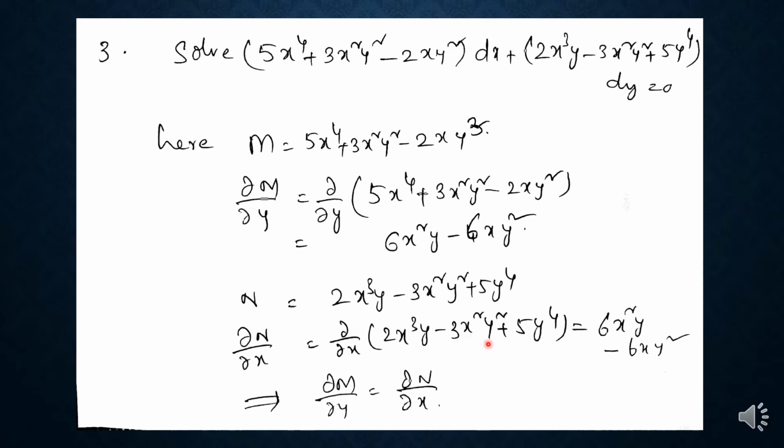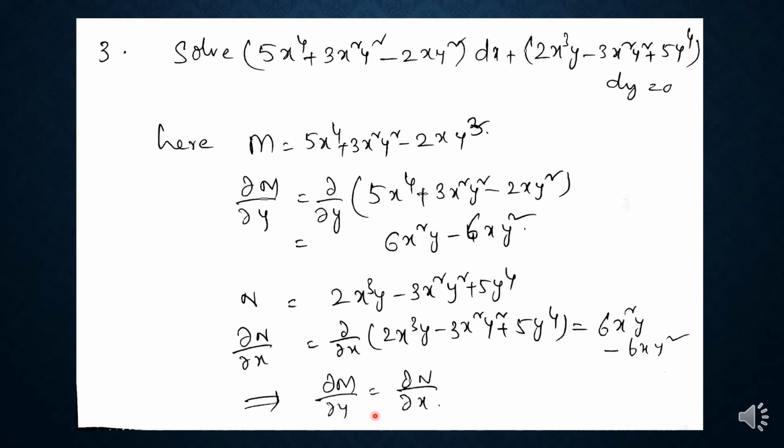So minus 3y² into 2x, that is minus 6xy², plus ∂/∂x of 5y⁴. This is a constant, so the derivative of any constant is 0. So ∂N/∂x is equal to 6x²y minus 6xy².